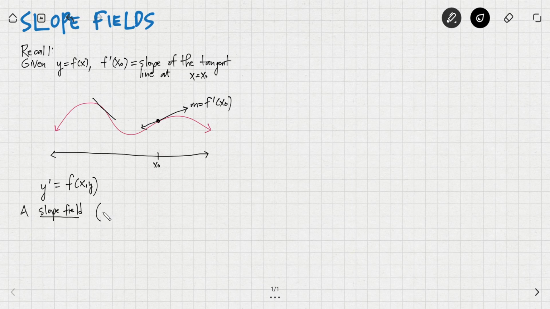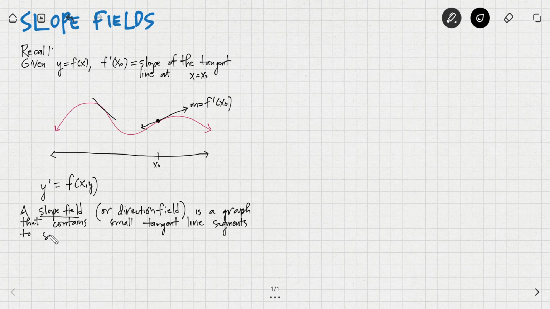It's sometimes called the direction field as well.